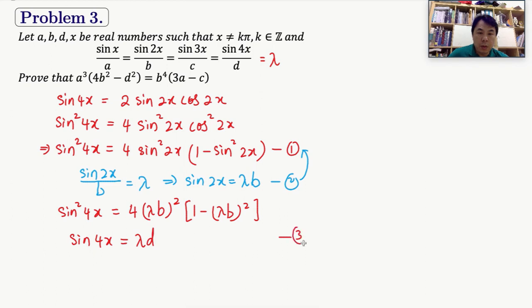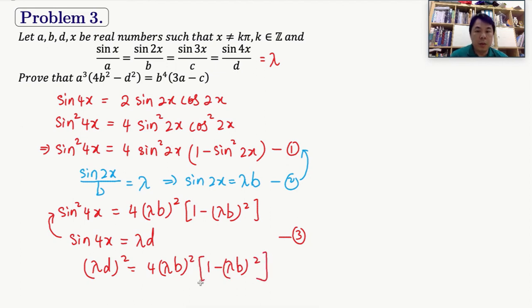Now that will be our third equation. We are going to substitute this one into here, then it will be easier. Now therefore we will have lambda d square should be equal to 4 lambda b square times 1 minus lambda b square. So that's what we have.